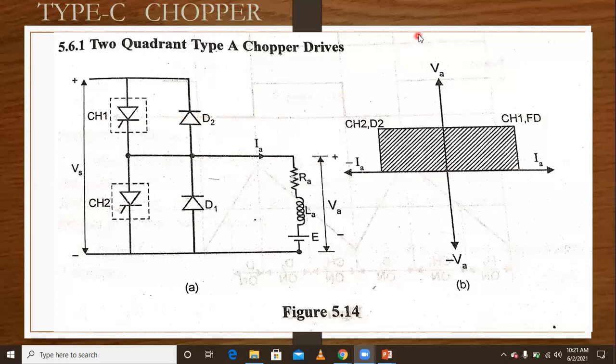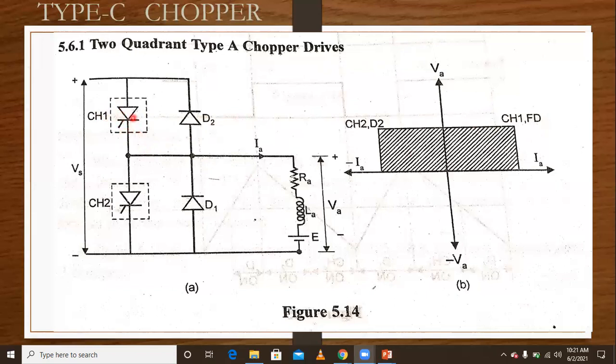In forward motoring mode, consider what happens when chopper H1 is on. When chopper H1 is on, the supply voltage is fed to the motor armature terminals.